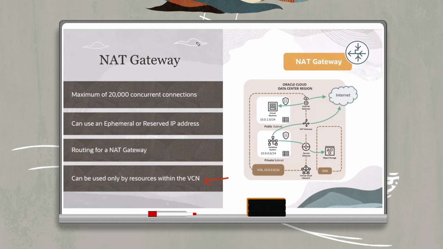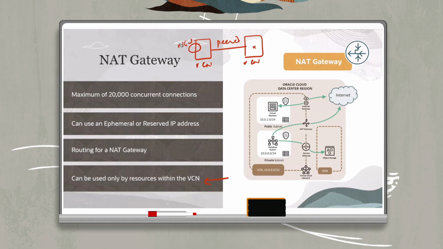Why? Let's say your VCN is connected with another VCN, and we'll talk about that. That is peering, right? In the upcoming lessons. Let's say it is paired with another VCN. And let's say this has a NAT gateway, and there is a resource here, private instance. Now, does it mean that the resources in other VCN can access the NAT gateway or can access internet through the NAT gateway?